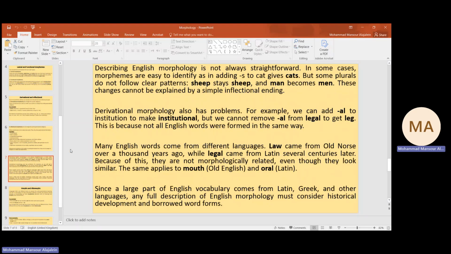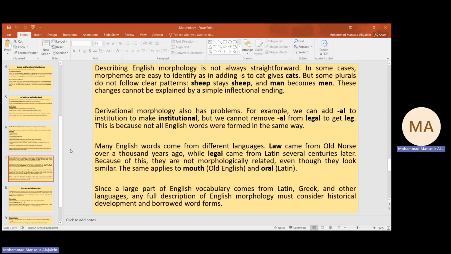Okay, so in describing English morphemes, we can see that it's not always straightforward. In some cases, morphemes are easy to identify, like when we add the plural s at the end of the word, as in cat, cats.